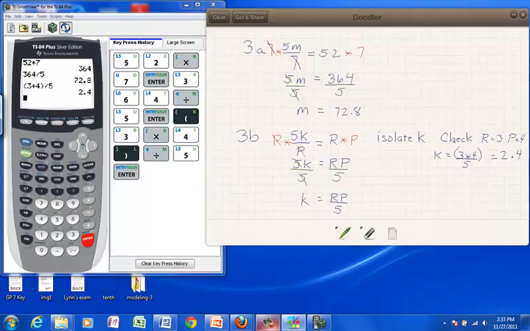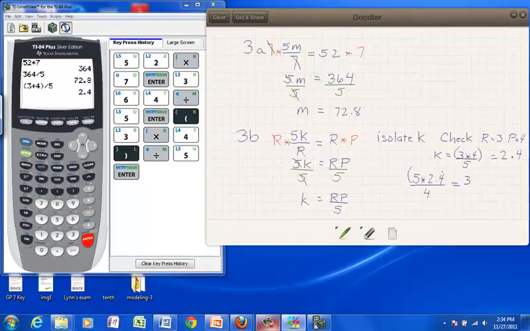If this were something where I was given 2 points for the check, you've earned 1 point to get this far. To get both of the points, you have to go back to the original and put all of these values in. So 5 times k divided by p should equal r.